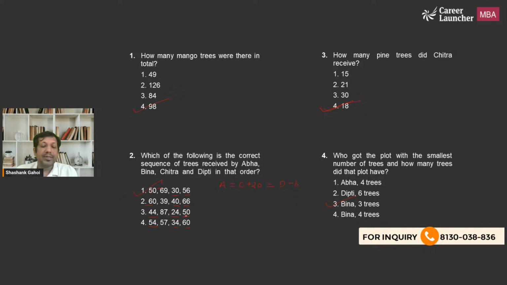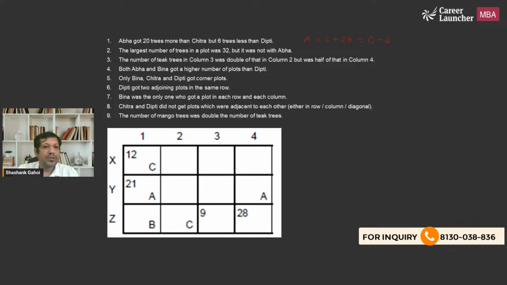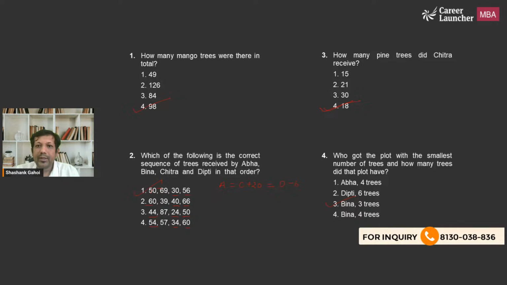Now I'm going to look at this statement. Question number 3: how many pine trees did Chitra receive? Chitra already received 12 trees. So 12 plus 15 is going to be 27. 12 plus this is going to be 33. 12 plus 30 is going to be 42.